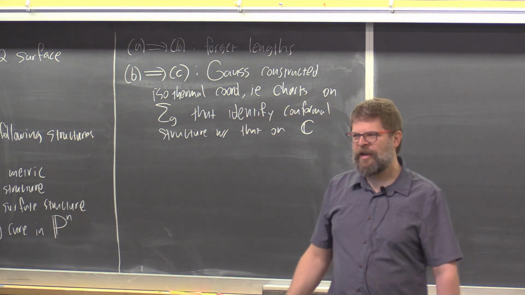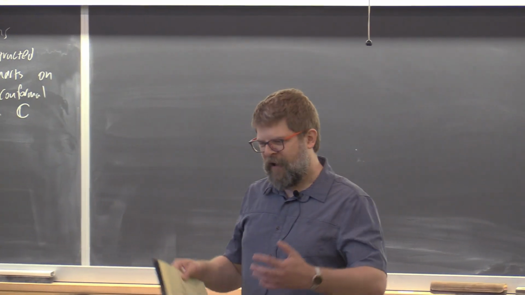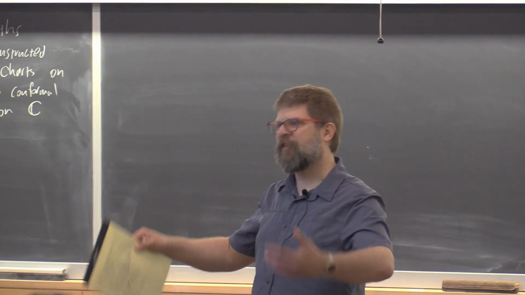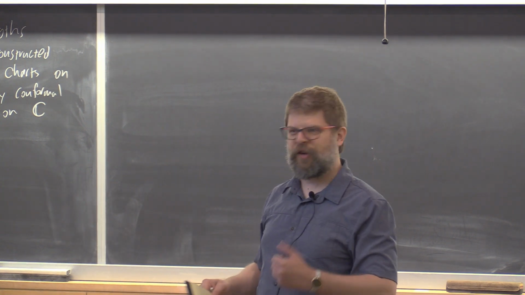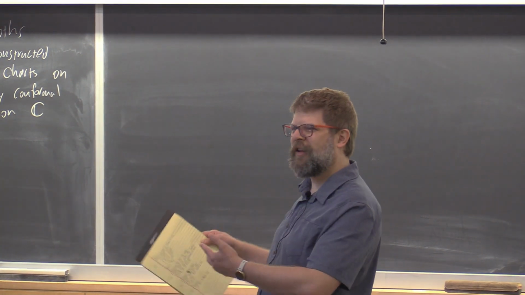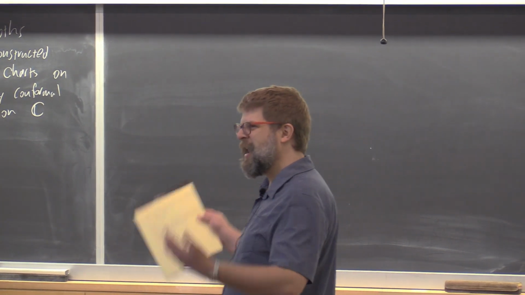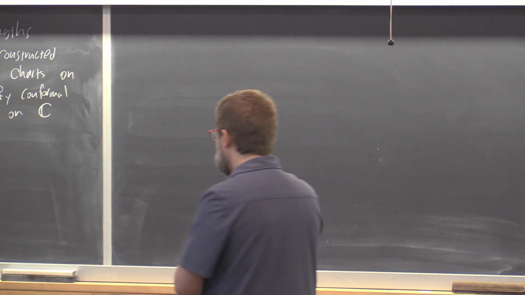So locally, if you have any two-dimensional manifold with a conformal structure, you can find charts identifying it with the standard Euclidean conformal structure on an open subset of the complex plane. There's a PDE you have to solve. It's called the Beltrami equation. Now we know how to solve it for almost any data whatsoever. You just need some measurability.